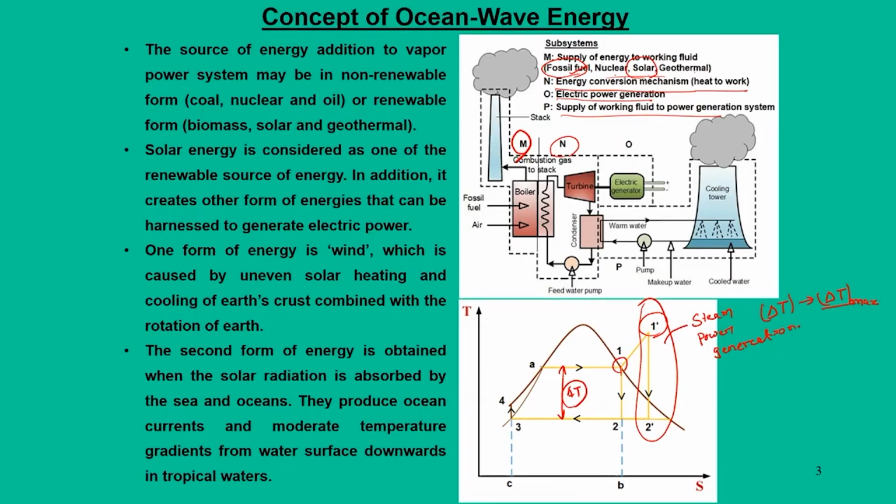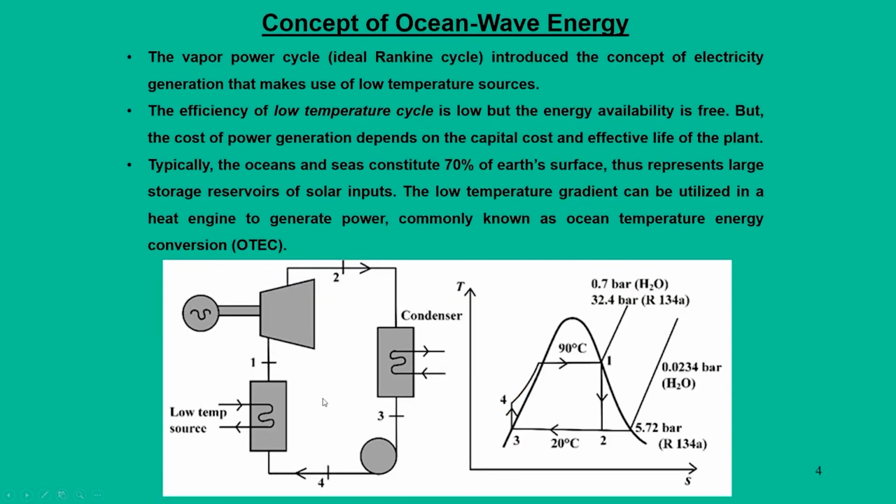Now, when you deal with the low temperature cycle, we call this the ideal Rankine cycle, because it says that you should start the turbine process ideally when the inlet condition of the steam is almost exactly at the saturated vapor region.